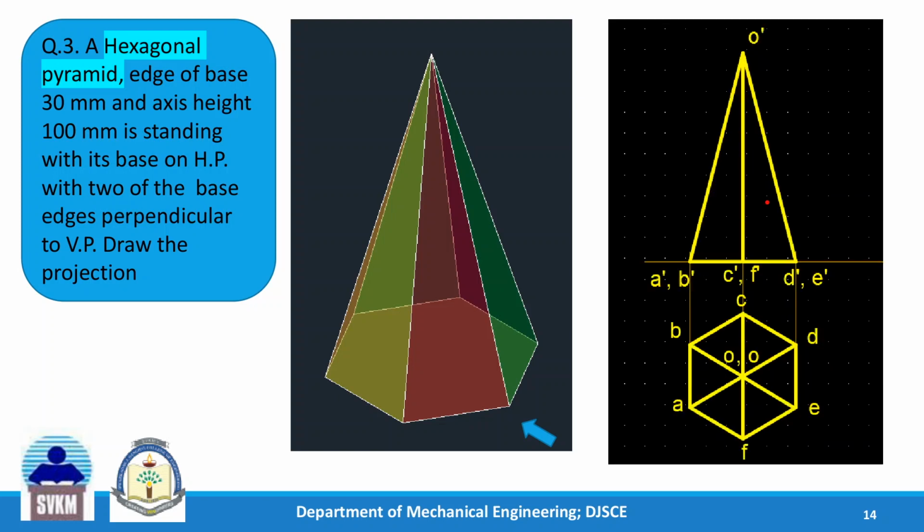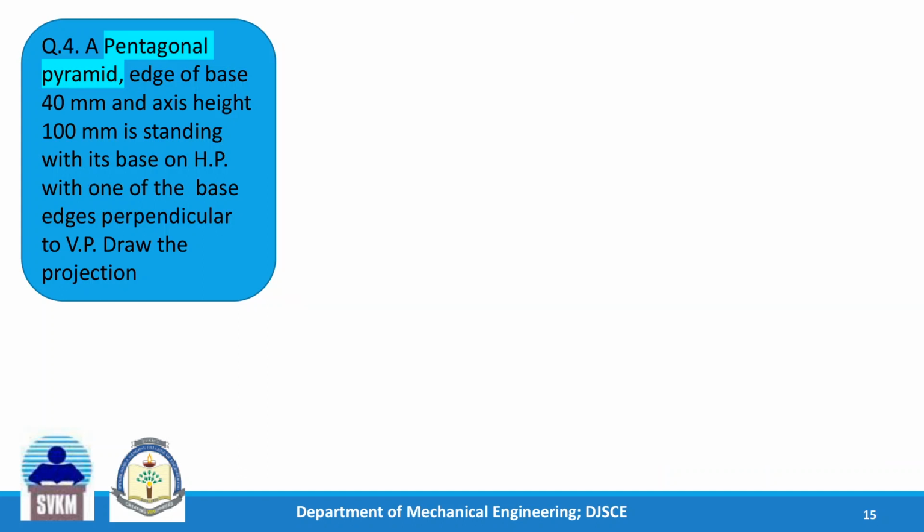So the solution is done now on AutoCAD. We have drawn both the views, the top view as well as the front view. Next problem, pentagonal pyramid, edge of base 40 mm and axis height 100 mm is standing with its base on HP with one of the base edges perpendicular to VP. Draw the projection.